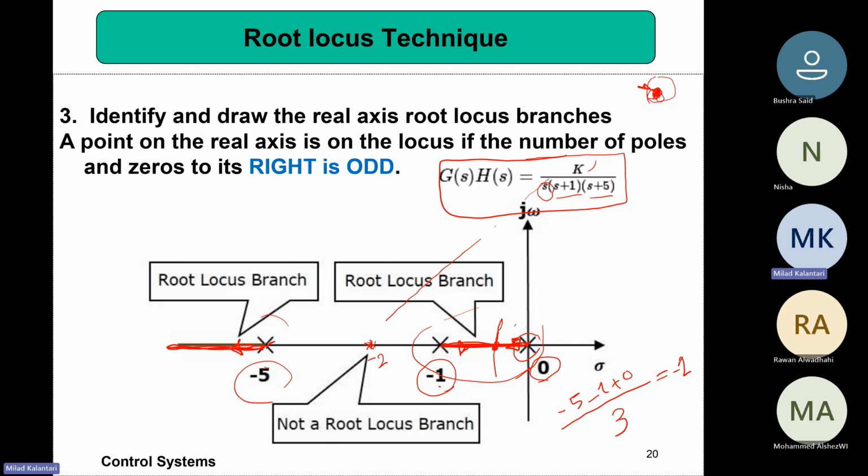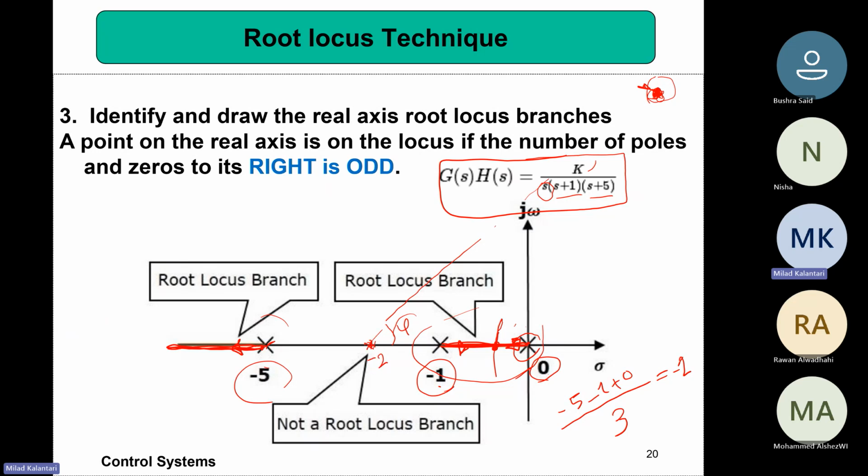And if this is the case, then I want to know which location can give the negative 180-degree phase shift. So from far, assume you have this angle phi, and you have three poles.